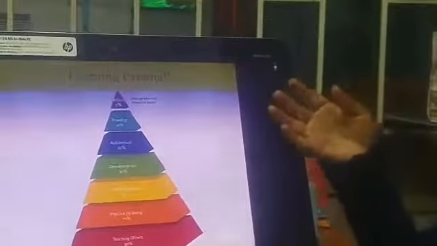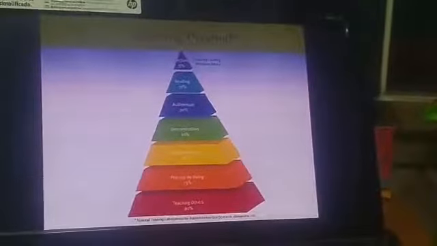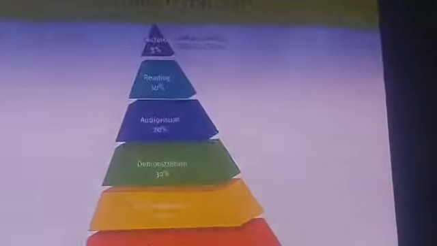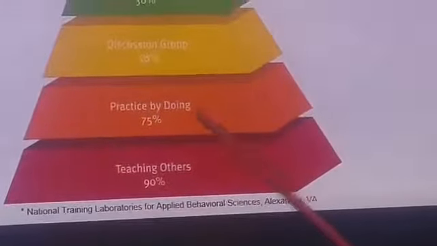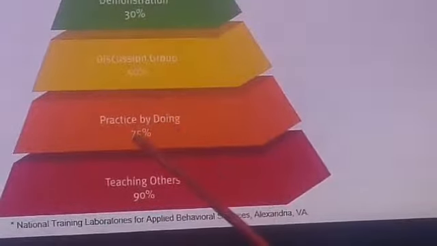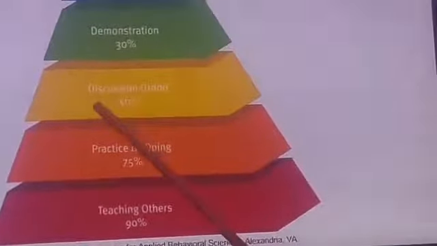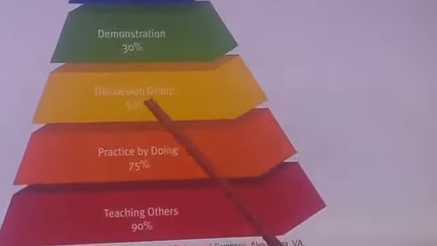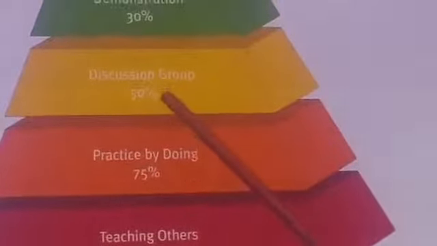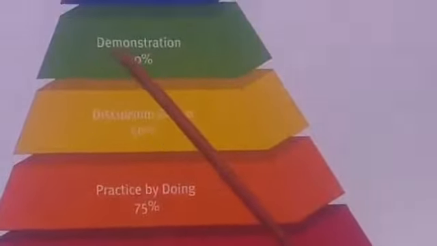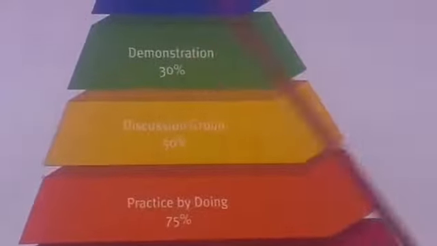Okay, the learning pyramid. In this case, teaching others is 90%. Practice by doing is 75%. Discussion group is 50%. Demonstration is 30%.